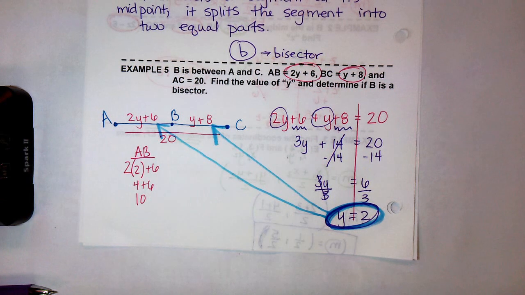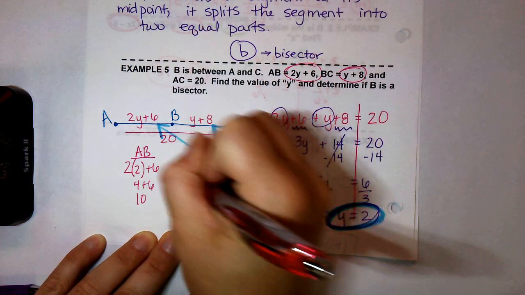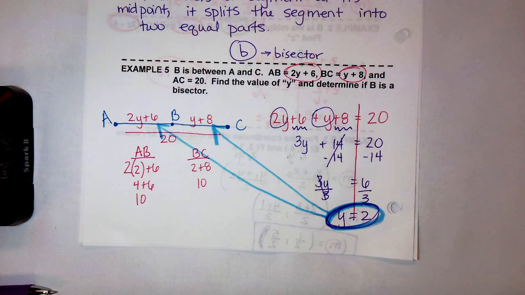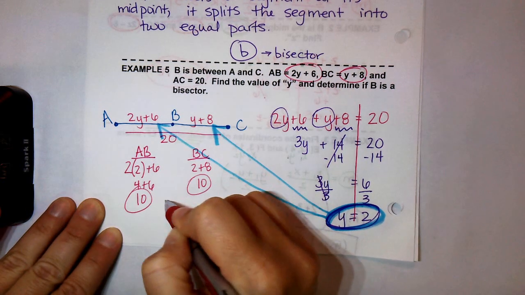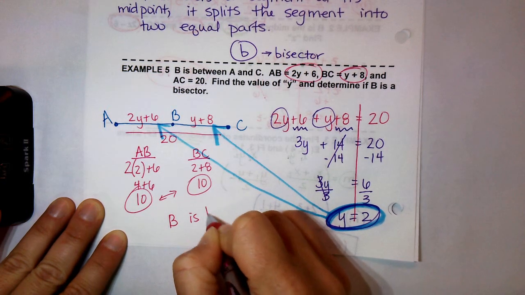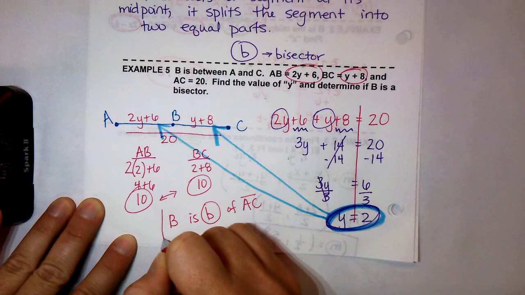So AB is 10. And then what about BC? It is 2 plus 8, which is 10. So are those equal? If they are equal, then B is a bisector of AC.